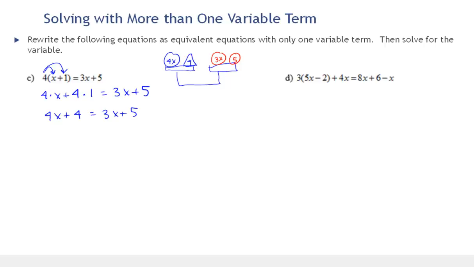Okay, so let's make a new little scale. I'm going to think of the 4x as a 3x and a single x, that total 4x. And here we still have a 3x and a 5. Okay.